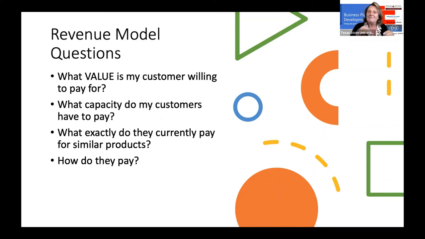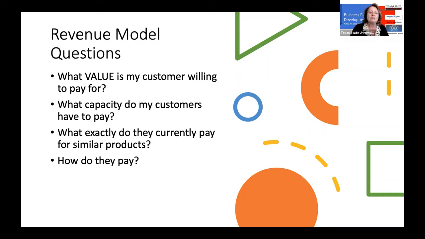What is this money that they're going to pay to me for my product or service? Is that taken away from their rent money? I hope not. But if it is, you need to understand where this fits within your customers' and target markets' budgets. How does this expense of giving you money for your product or service fit within their overall budgets? So understanding your customers' budgets is very important.